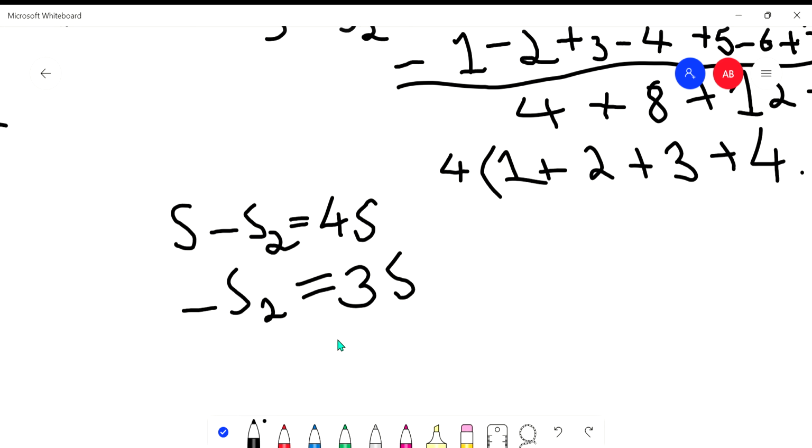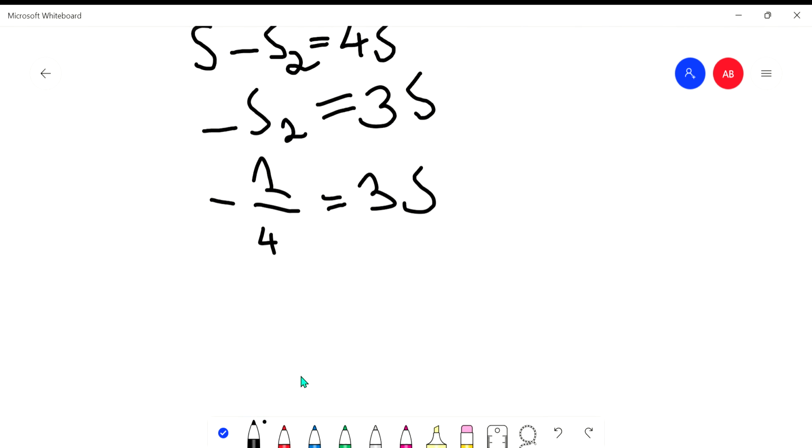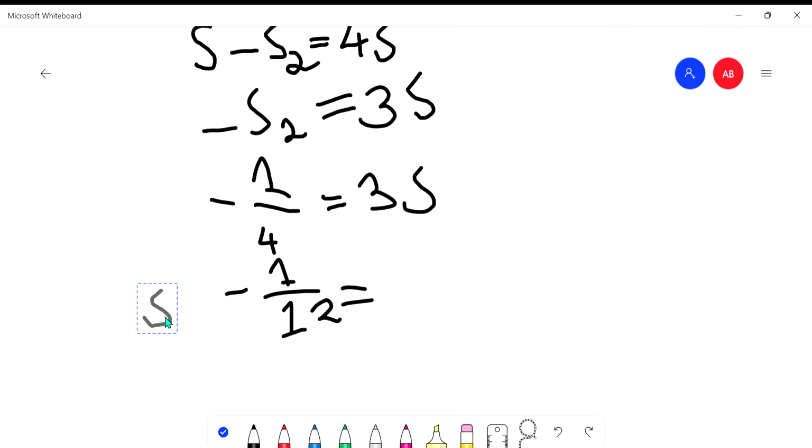Now we need to substitute this. So we know what S2 is. We know S2 is 1/4. So negative 1/4 is equal to 3S. Hence we divide both sides by 3. I get negative 1 by 12 is equal to S. And for the sake of things, I'm just going to rearrange it, because why not?